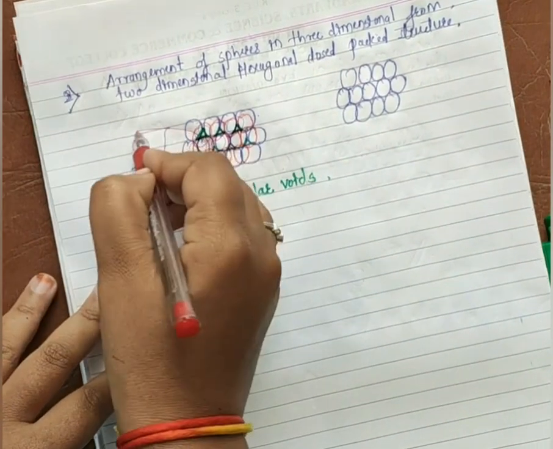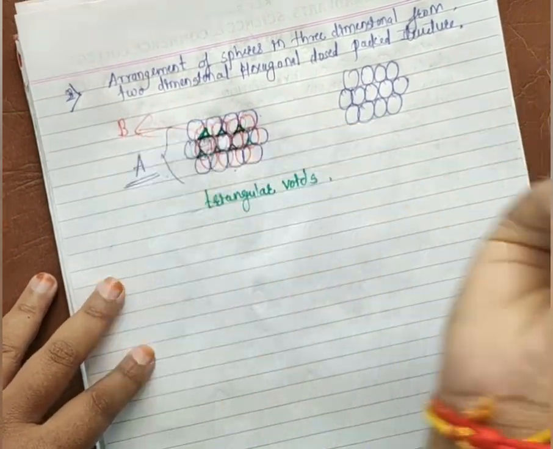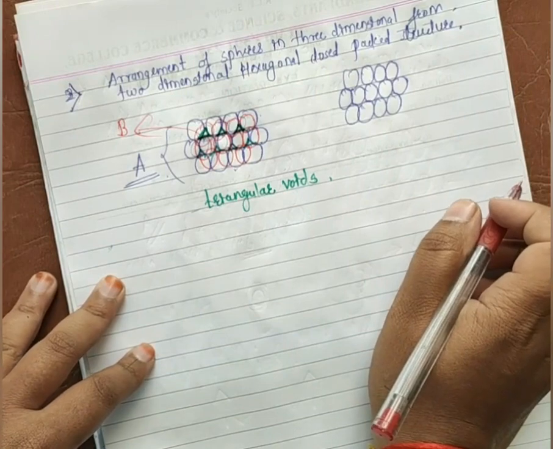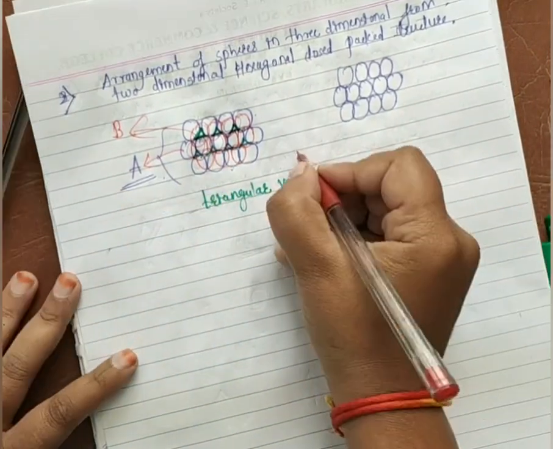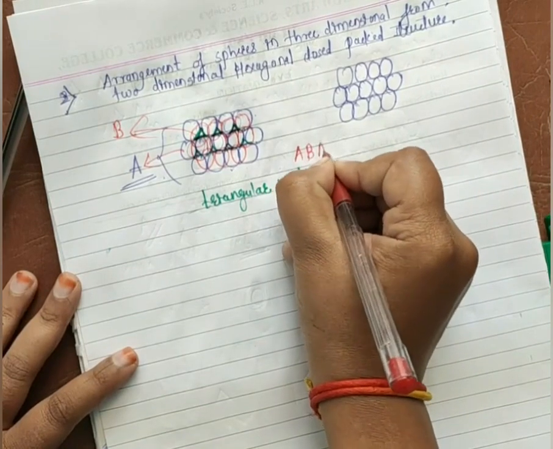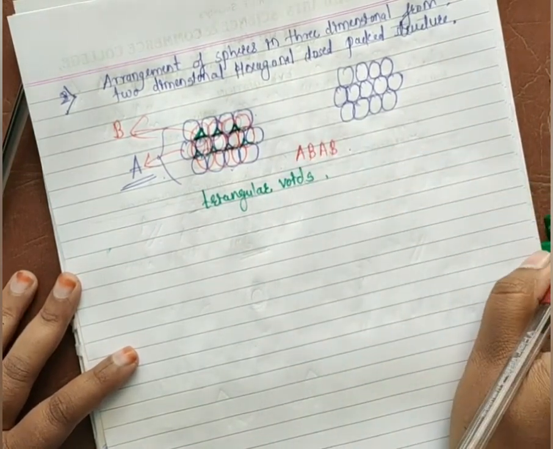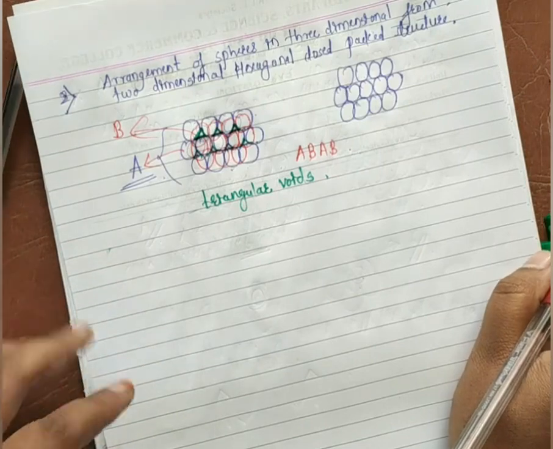That second layer we call B type, and the first layer we call A type. So there is a formation of AB type of arrangement.